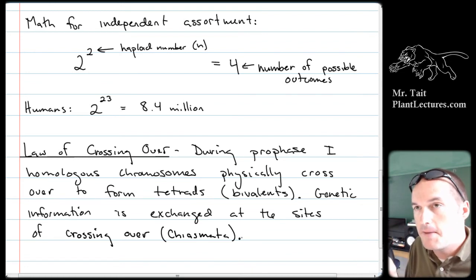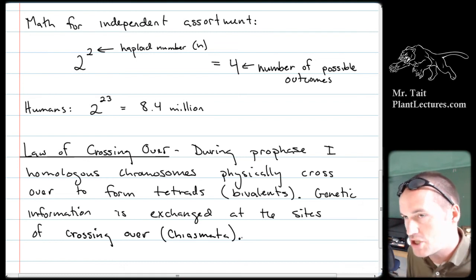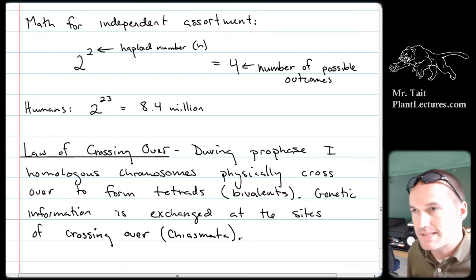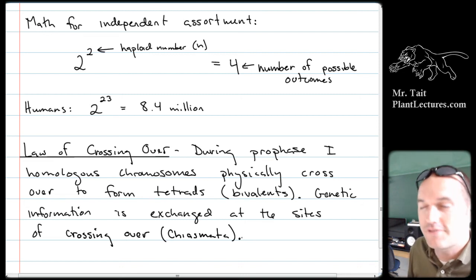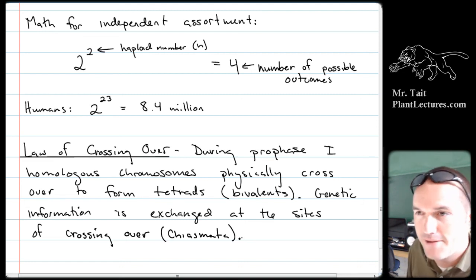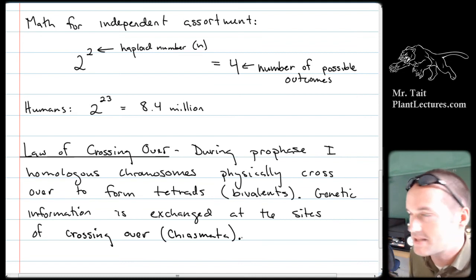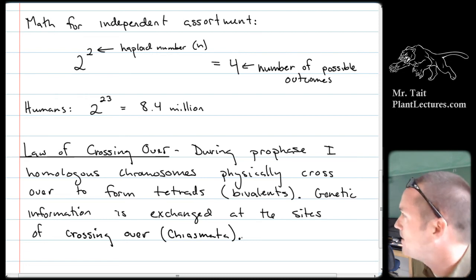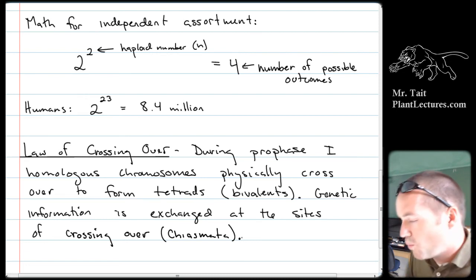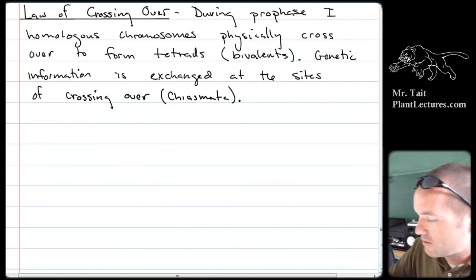And then the process of exchanging the genetic information is called synapsis, right? You could also just call it crossing over. Nobody's going to get mad at you for that. It's never going to get points off on an exam or anything like that. But the technical term for the process is called synapsis, right? Okay, so let's look at what this does.